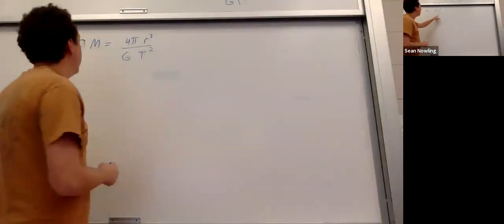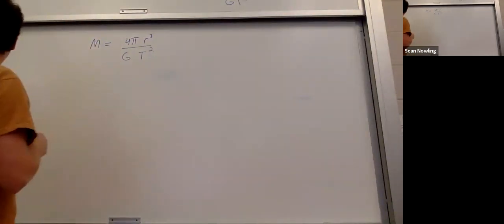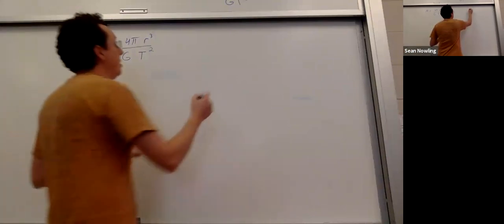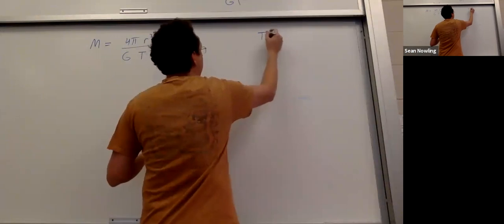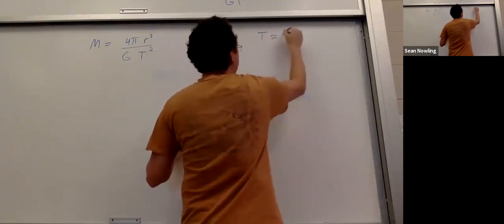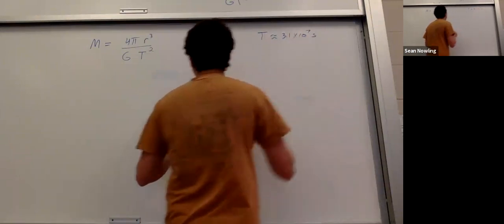Okay, so we know these numbers. I went ahead and cheated a little bit and know that the period of the Earth's orbit is approximately 3.1 times 10 to the 7 seconds.